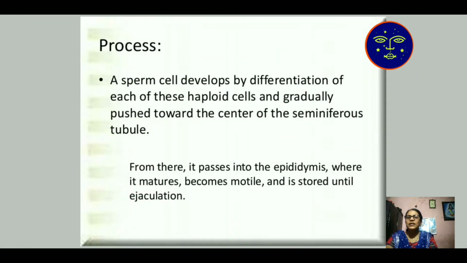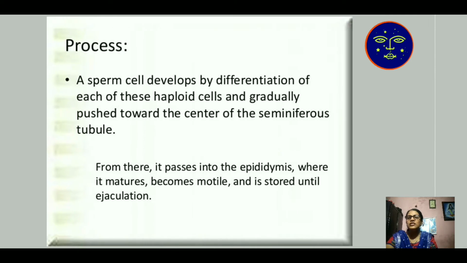So in the process, a sperm cell develops by differentiation of each of these haploid cells and is gradually pushed towards the center of the seminiferous tubule. Means after the sperm cells are produced, they move towards the center of the seminiferous tubule. From there they pass into the epididymis, the next tubule, where they mature and become motile with the help of the tail or flagellum, and are stored until ejaculation.